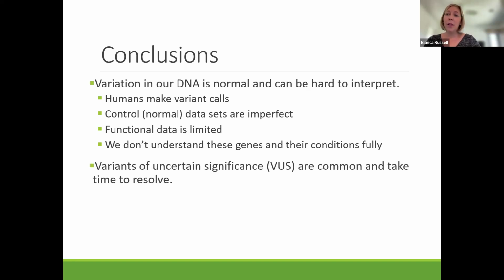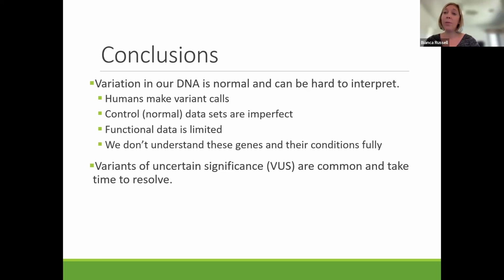Variants of unknown significance are really common, and it takes time for us to resolve them. So we oftentimes have families that get stuck in this limbo space where we have a genetic change, we're not sure whether or not it's the answer, and honestly, we have to just wait and have more information over time. Wait for functional studies to develop, wait for technology to improve, wait for publications to happen where other people have that same genetic change.